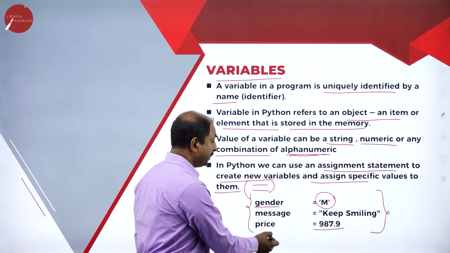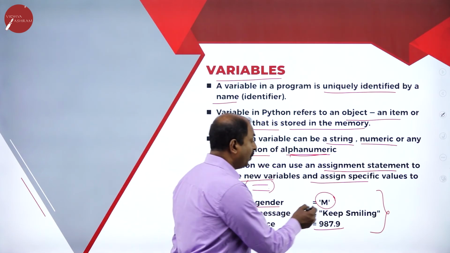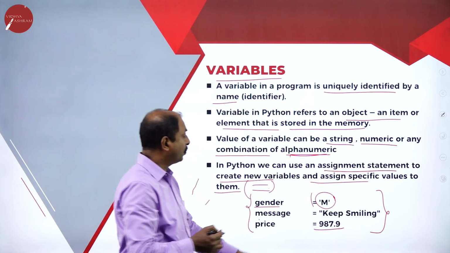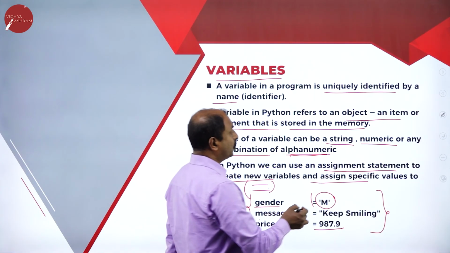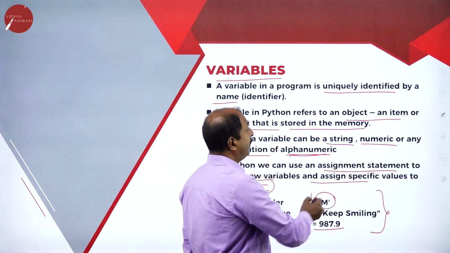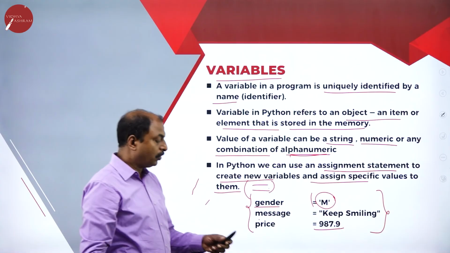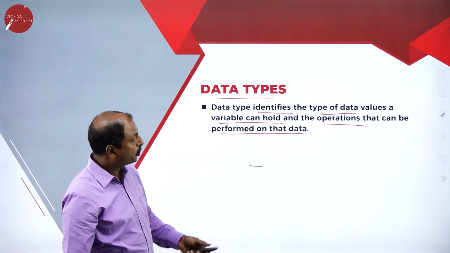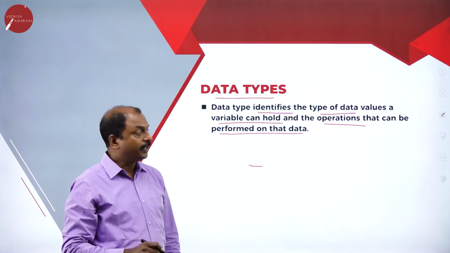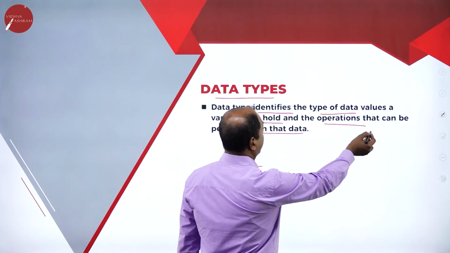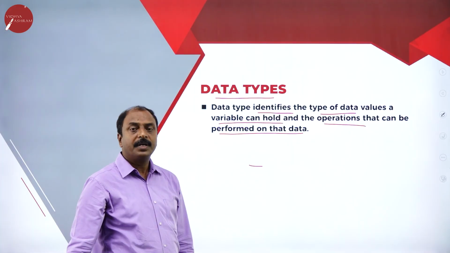Here gender is a variable, and the data type is going to decide what type of value we store under the variable name, because in a variable we can store different types of values like a string, numeric, or a combination of alphanumeric. So data types are used to identify the types of data stored in a variable and also what operations can be performed on that particular data. This is the definition of data types.